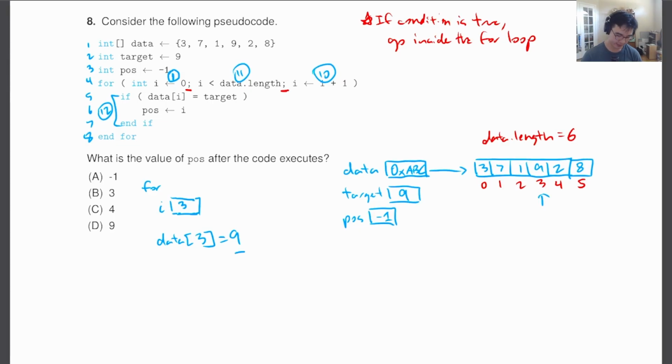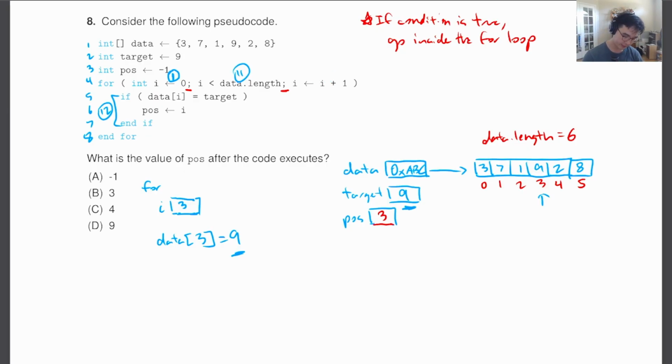And yeah, 9 is equal to 9. So because that's true, you go to line 6, you go inside the if condition, and now we see that we assign to position the value of I. So I'm going to assign 3 because I currently has the value of 3. We go to line 7, we go to line 8, then we loop back up.